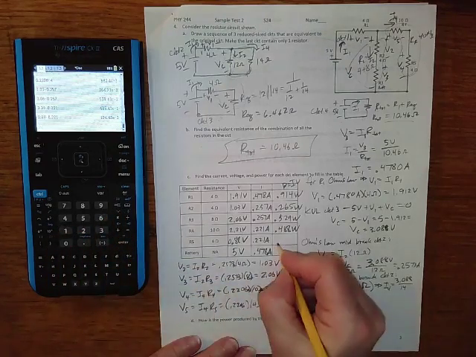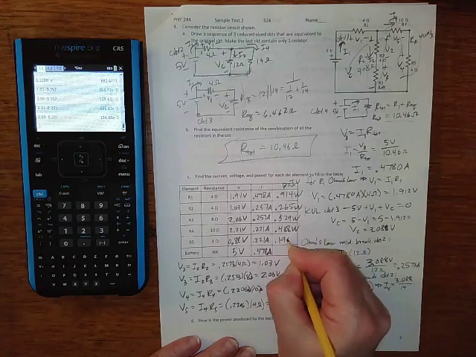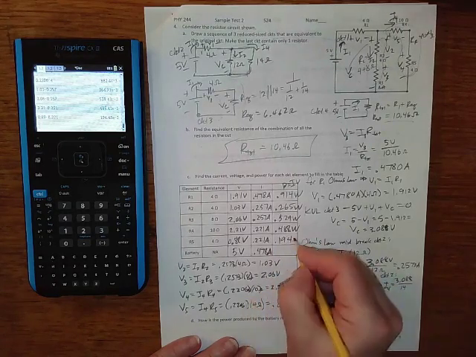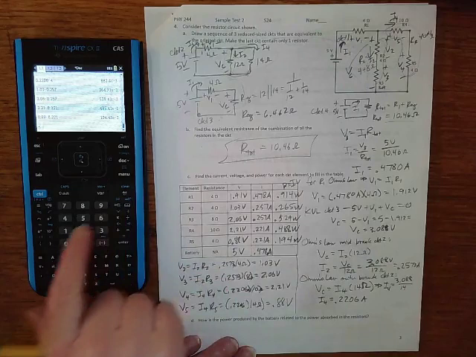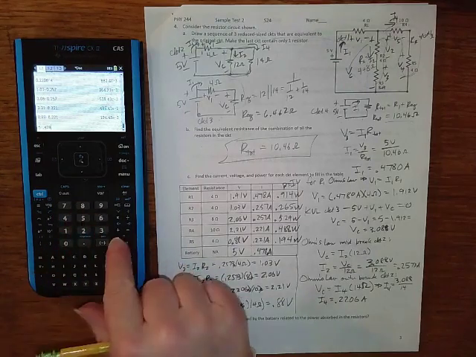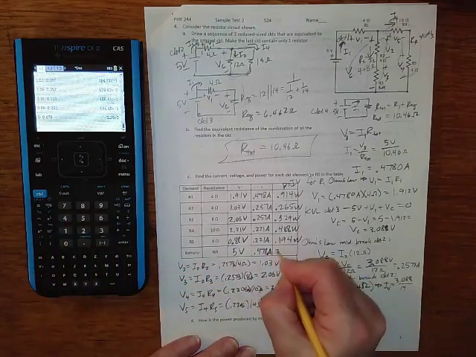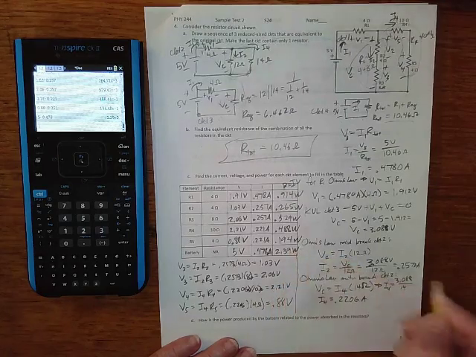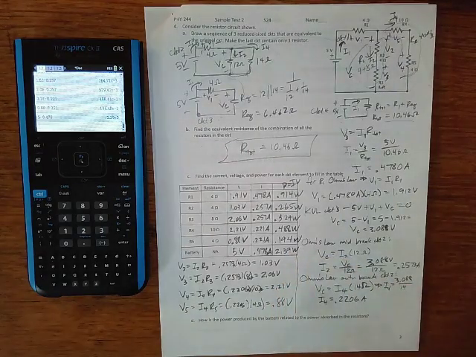Being a little sloppy with my sig figs here, but should be good. Alright, we got our table filled in.